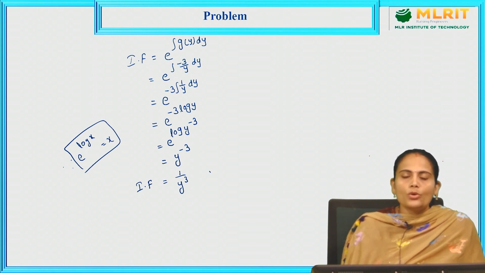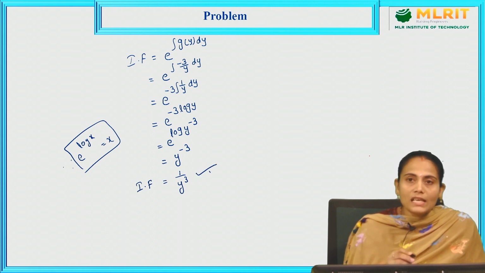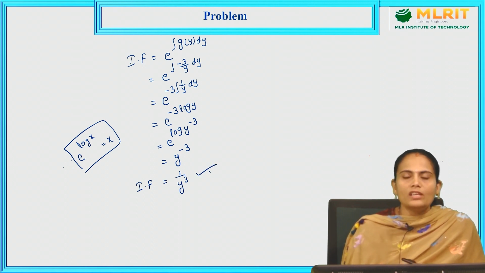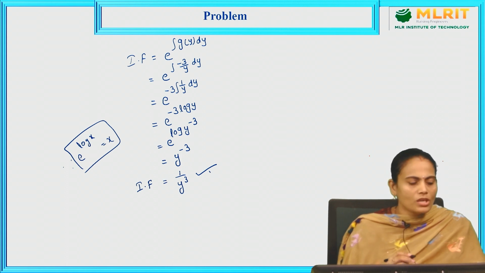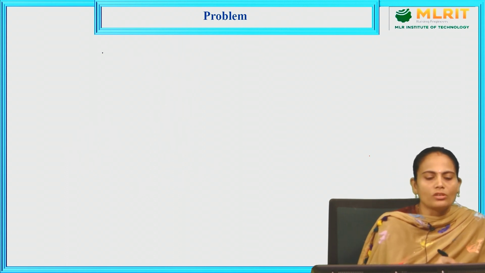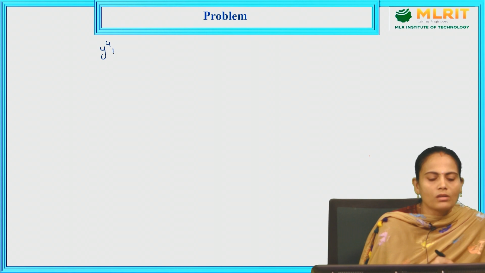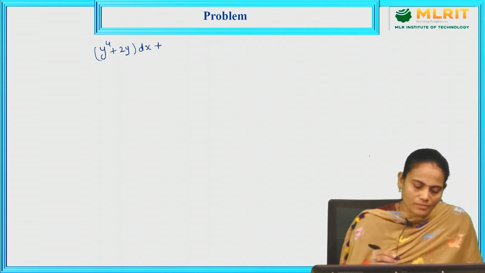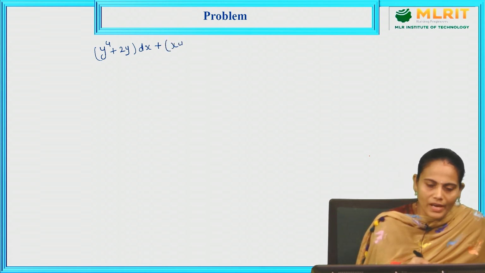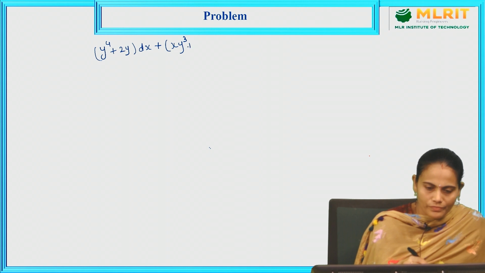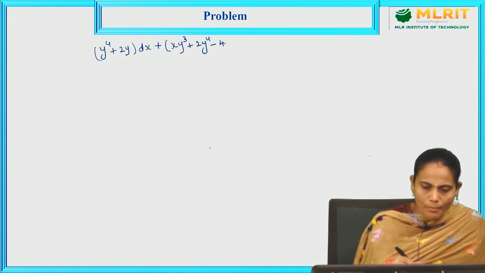Now we are going to multiply this integrating factor to the given differential equation. The given differential equation is (y power 4 plus 2y) dx plus (xy cube plus 2y power 4 minus 4x) dy is equal to 0.